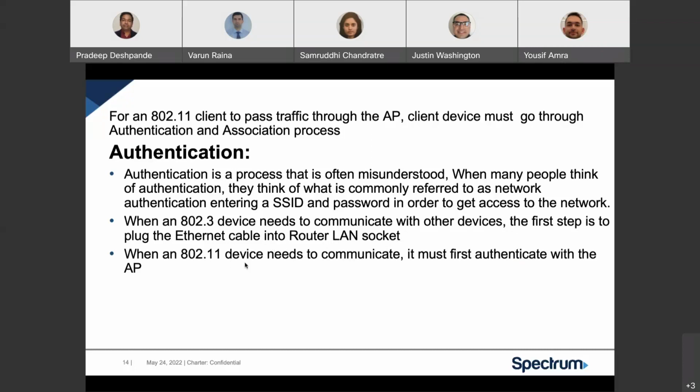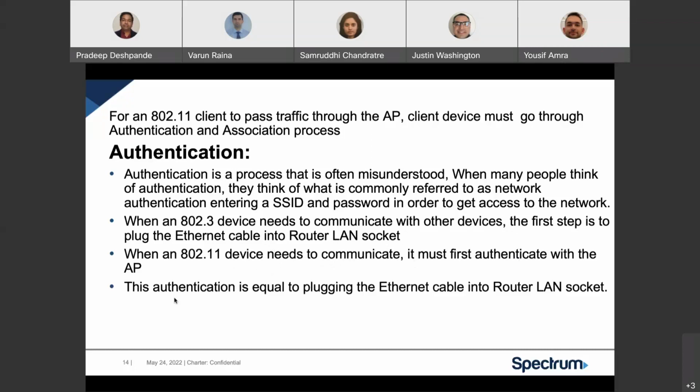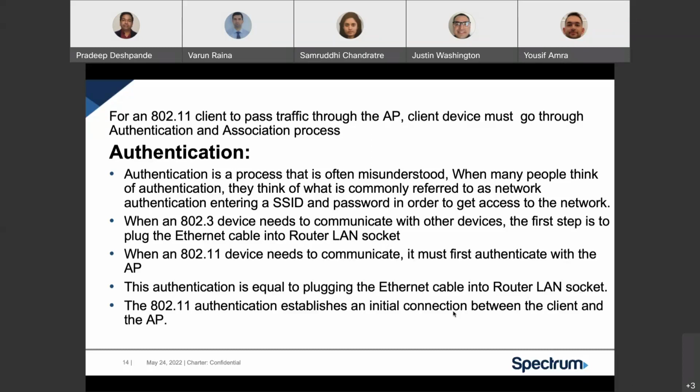So when 802.11 devices need to communicate, they must first authenticate with the access point. This authentication is equal to plugging the Ethernet cable into the router LAN socket. Just making sure that both are connected. That is nothing but authentication. So 802.11 authentication establishes an initial connection between the client and access point.